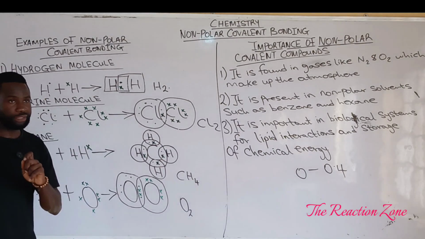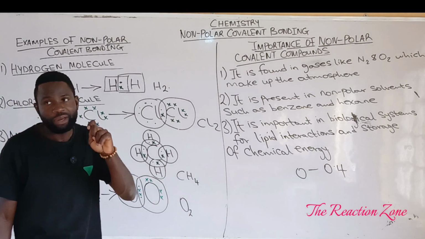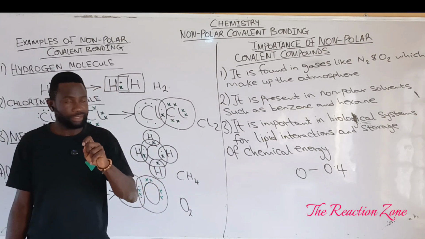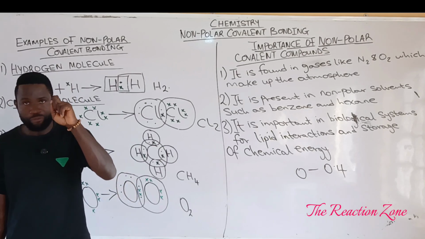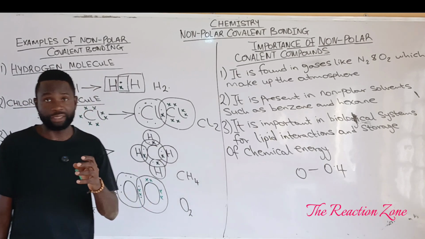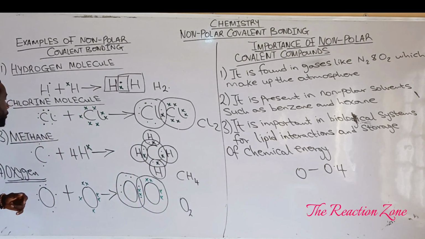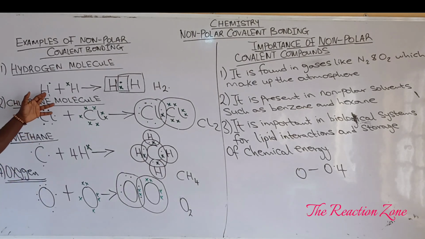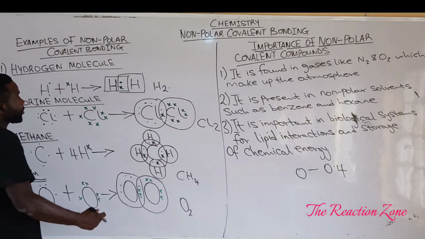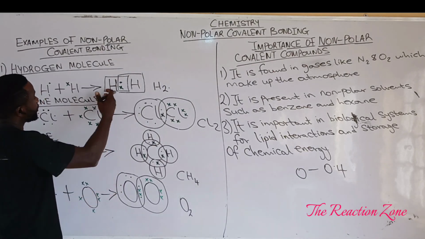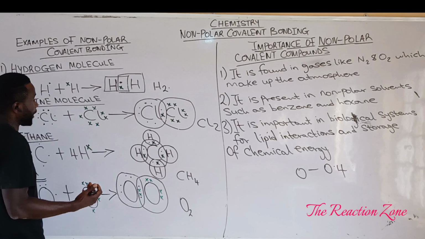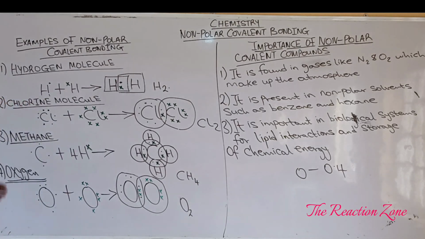Now, what this means is that each of the hydrogen atoms has only one unpaired electron in its valence electron shell. So, each of the hydrogen atoms donates one electron for sharing, and this electron is shared equally between the two hydrogen atoms.